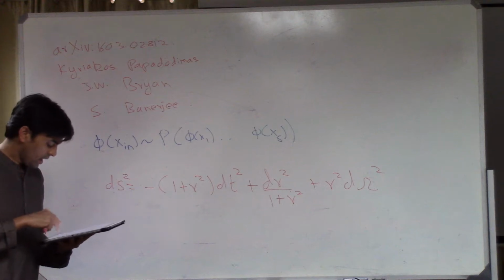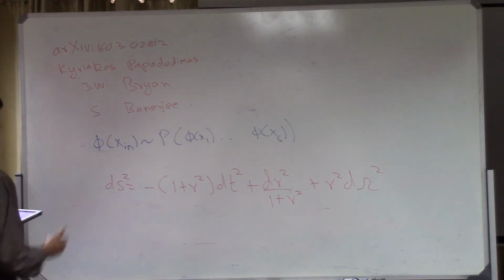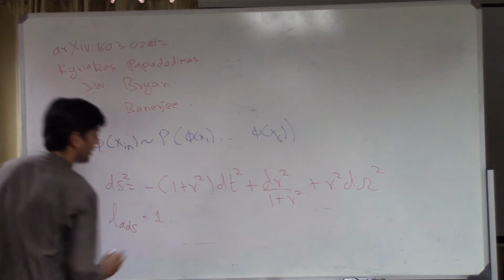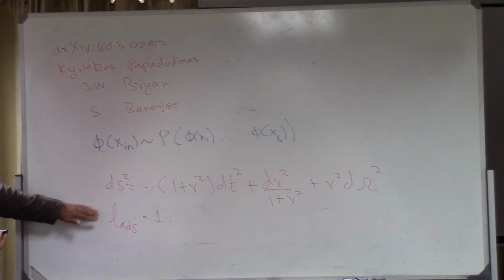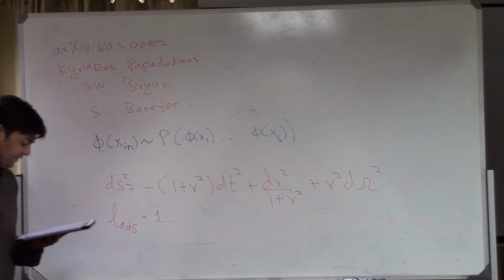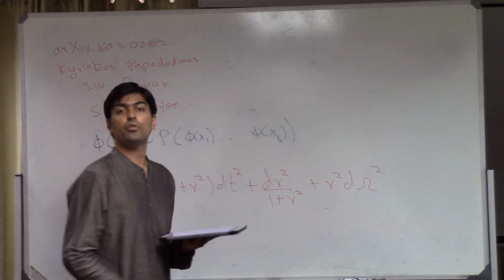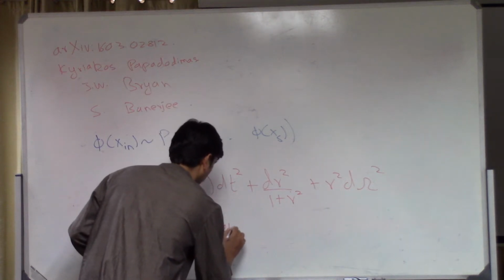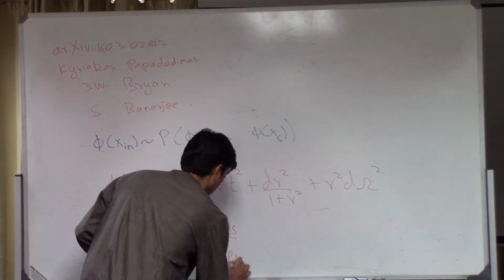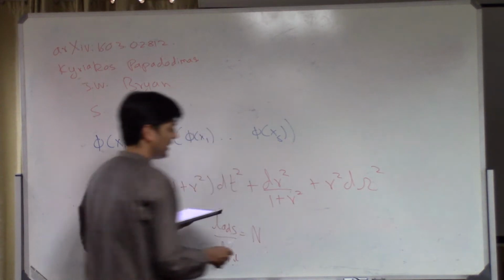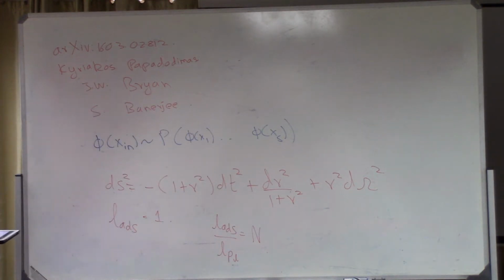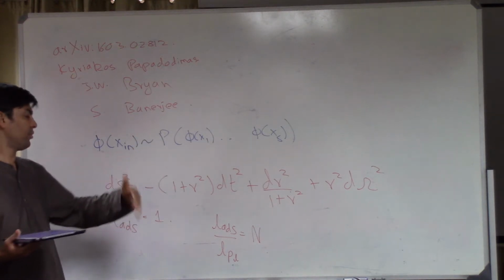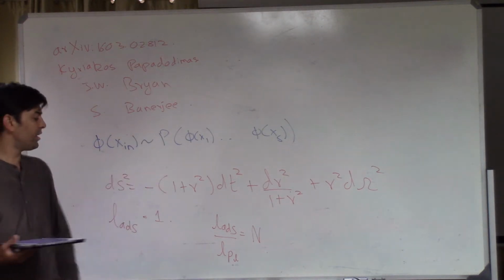Okay. Now the units here correspond to choosing L_AdS equal to 1. So there's a radius of AdS that should enter here. I've chosen L_AdS equal to 1. There's in fact a large parameter in our problem because we're going to be talking about gravity. And that large parameter is L_AdS by L_Planck, and I'll call that N. In fact, if you're in AdS5 cross S5, this would be N to the 1/4th, if this N was the N of the SU(N) theory.